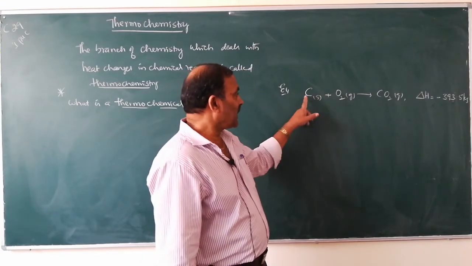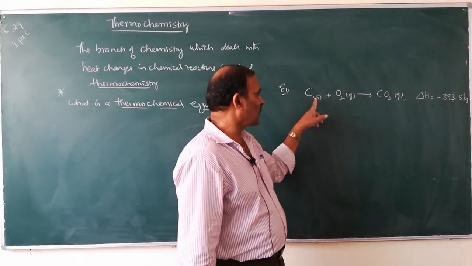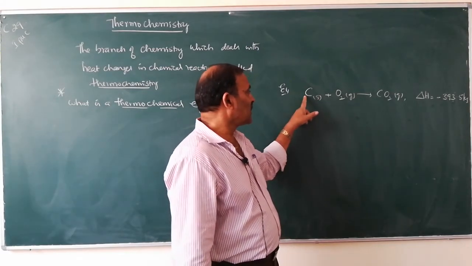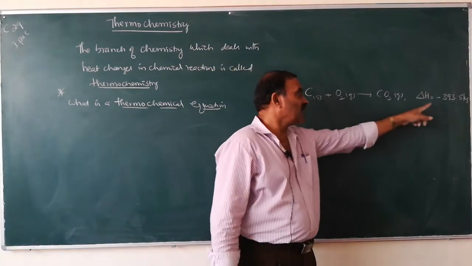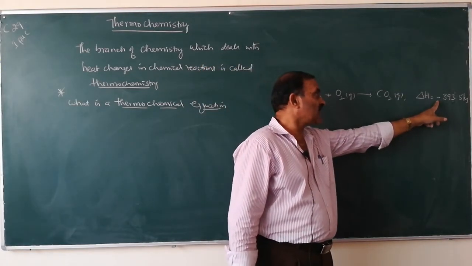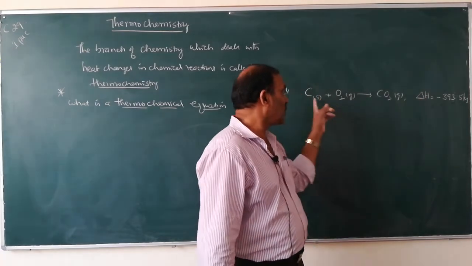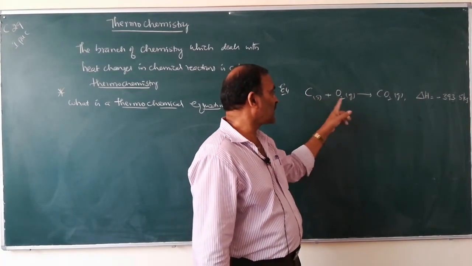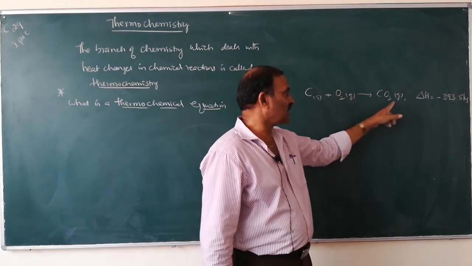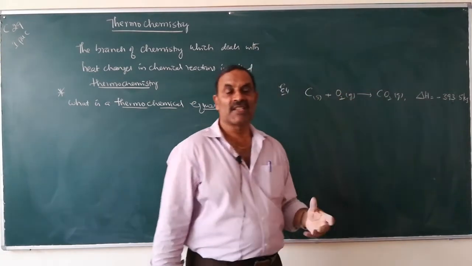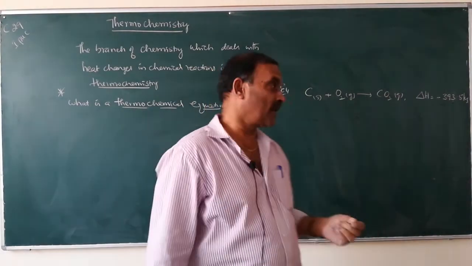Number one, it should be a balanced chemical equation, and it shows heat changes, how much heat is liberated, and also the physical states of reactants and products. Carbon is solid, oxygen is gas, carbon dioxide is gas. Therefore, it is a thermochemical equation.